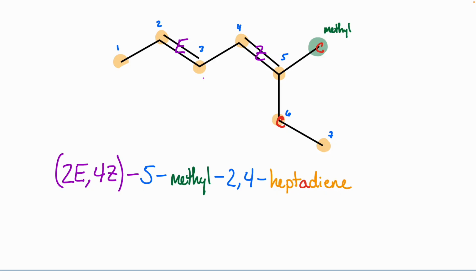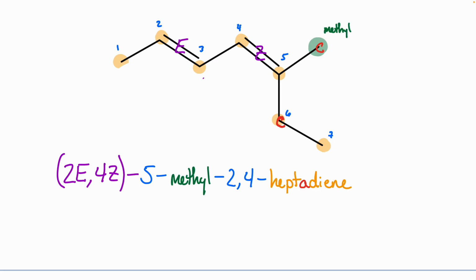So this is how we would build this into our name. Since there are 2 of them, we have to include the locant as well as that stereochemistry designation. All right, so 2E,4Z-5-methyl-2,4-heptadiene. Rolls off the tongue.